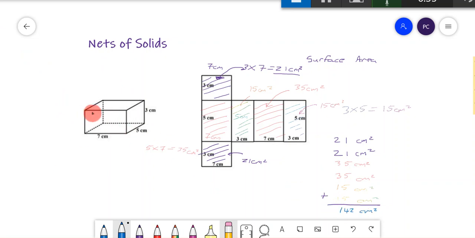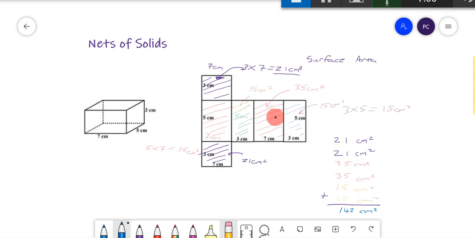So the surface area of this solid here is 142 centimeters squared. These are what are known as nets of solids. If you take a solid and break it into its net like this, it makes it easier to calculate the total surface area.